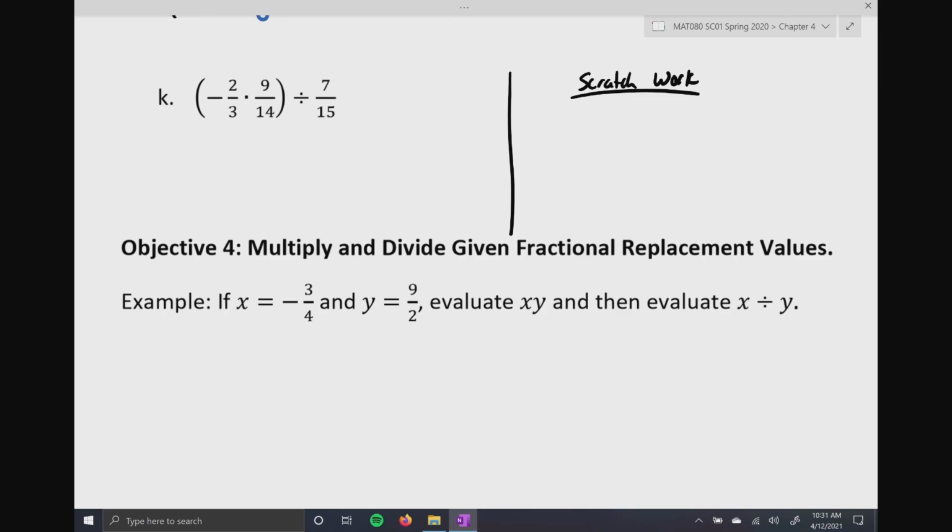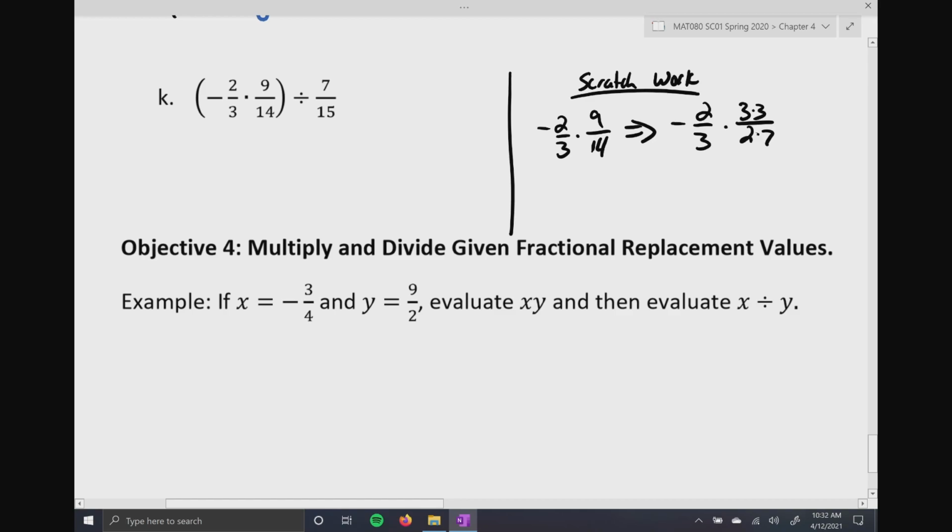All right? So here we go. Negative 2 over 3 times 9 over 14. That's what I'm going to do first because it's inside the parentheses. So off to the right, I'm just going to do this. So let's try to simplify first. I know 9 is really 3 times 3.